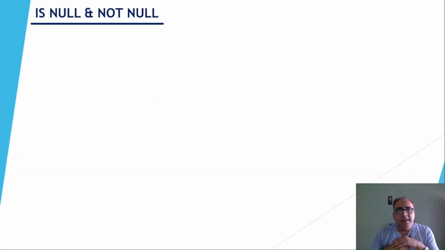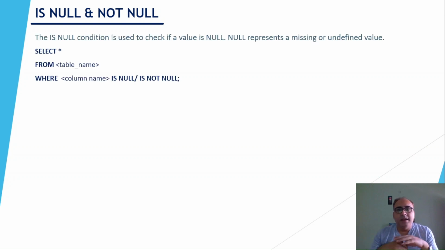Next we have IS NULL and IS NOT NULL. Basically, NULL represents a missing value in a database. NULL doesn't mean zero. If something is not specified or not mentioned, in that case the database normally considers it as a null value. It's basically an undefined value.